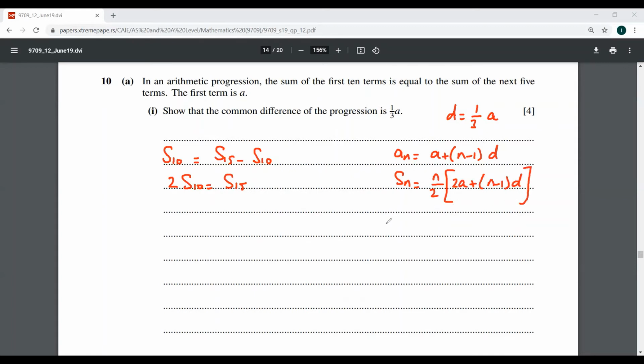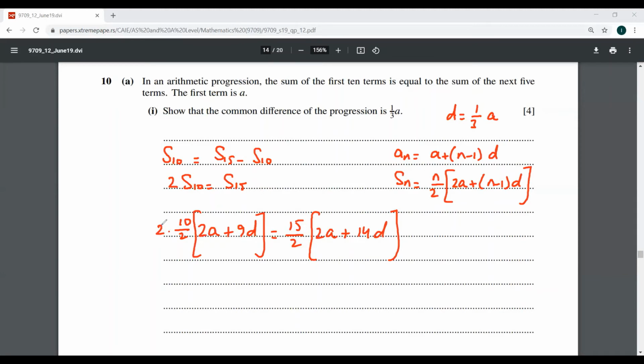So a lot of algebraic manipulation is required here. So 2S10 would be twice 10 by 2 into 2a plus 9d. And S15 is going to be 15 by 2 into 2a plus 14d. Okay, so we have to simplify.